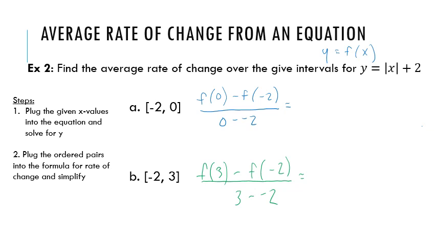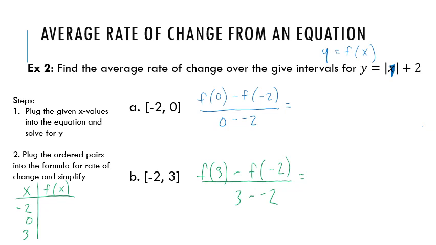Off to the side, just to keep it straight, I'm making a little table of x and f of x. The x values of interest: I definitely need to know negative 2, that's used in A and B. And I'm also curious about when x is 0 and when x is 3. Plugging those into the function, I literally replace the x right here with those values.